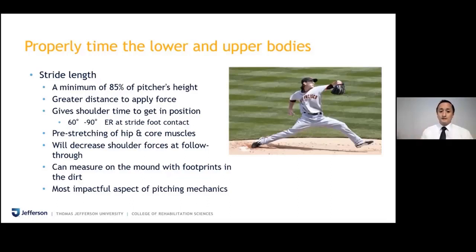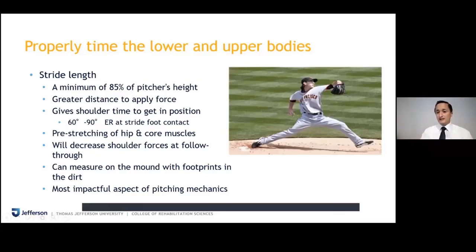This also gives you the time. You want your shoulder to be in about 60 to 90 degrees of external rotation at foot contact. You can see Tim here is not at stride foot contact yet, and his arm's not in the best spot, but by the time he gets here, his arm should be up about 60 to 90 degrees, somewhere between here and here. That's where we want it to be.